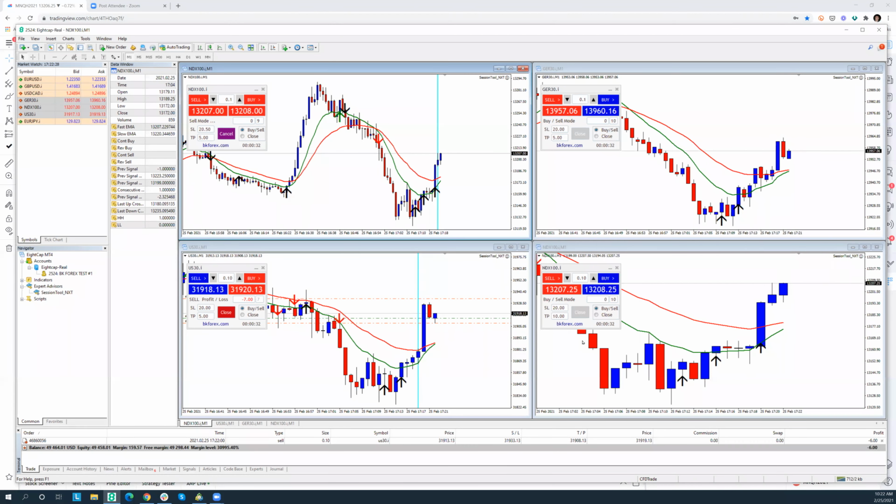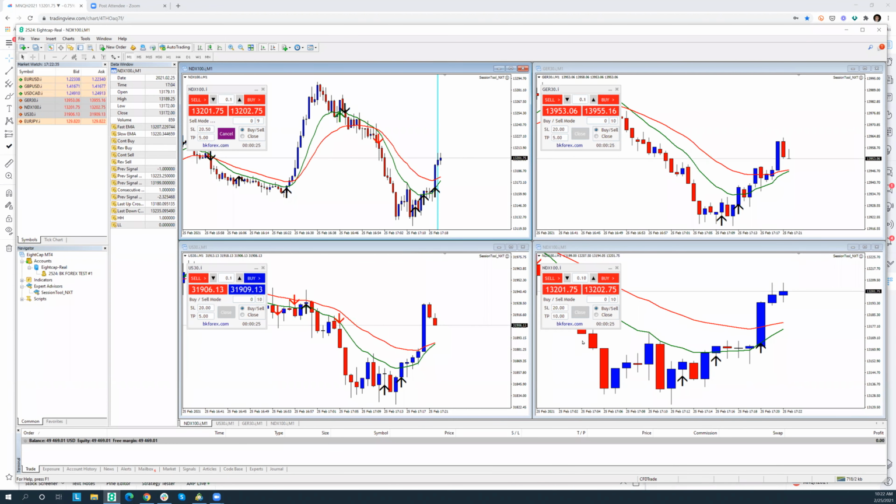Man, I hate these spreads, but nothing I can do about it. Okay, we'll just have to be patient, and it should work. There we go. So you see how the whole thing works.